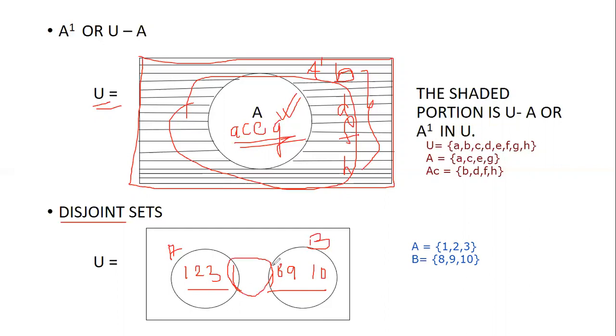So in that case, I'll just draw two simple circles representing the sets, and then I call them disjoint sets. If they don't relate to each other, they are called disjoint sets. Clear? Everybody understood?